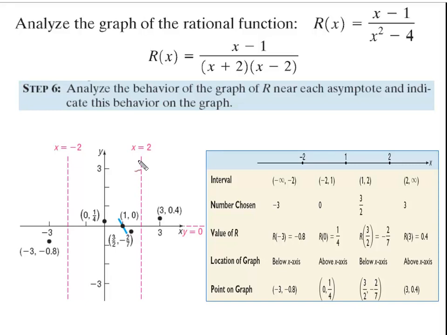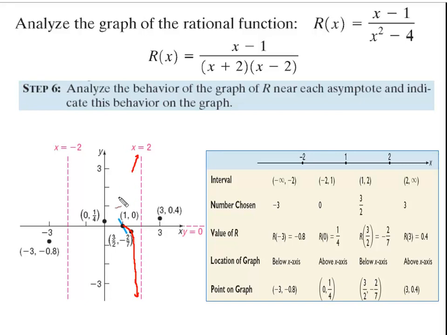So again, if I look at, let's say, this vertical asymptote right here, if I move just to the left, is the graph shooting up to infinity, or is the graph shooting down to negative infinity? Basically this point here tells us that the graph is going to come from here to here and it's going to shoot down.